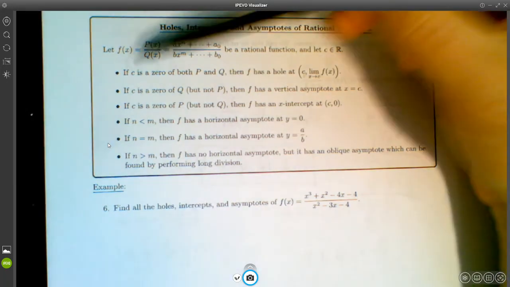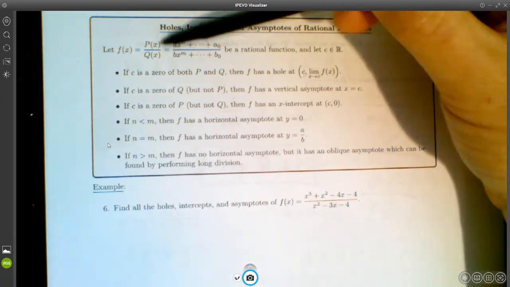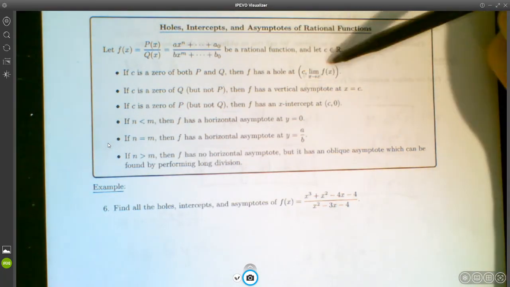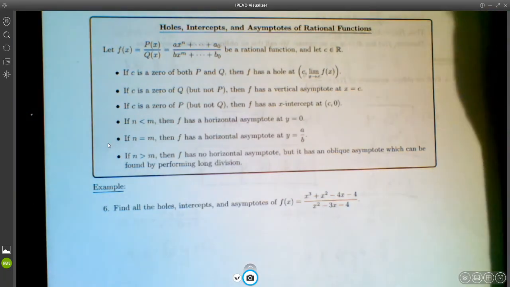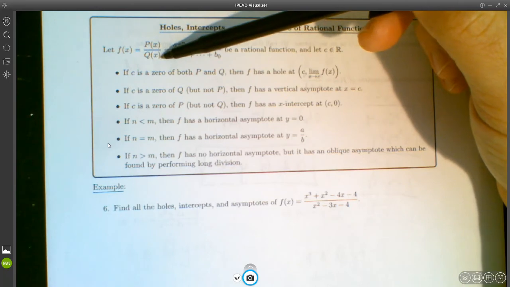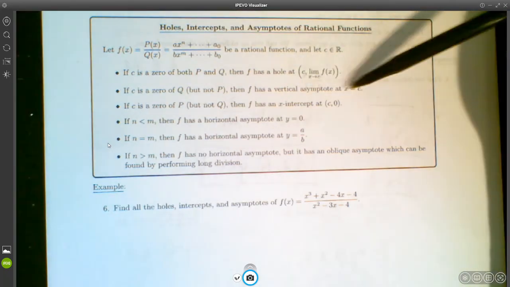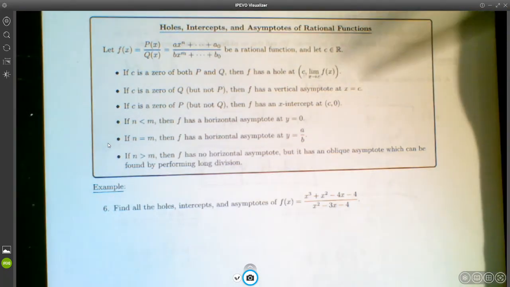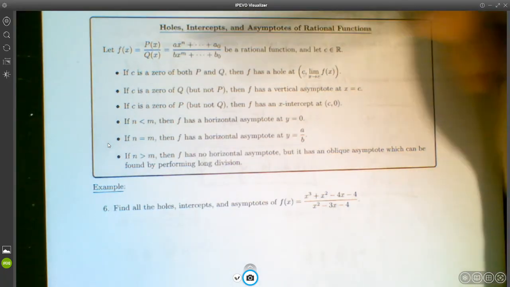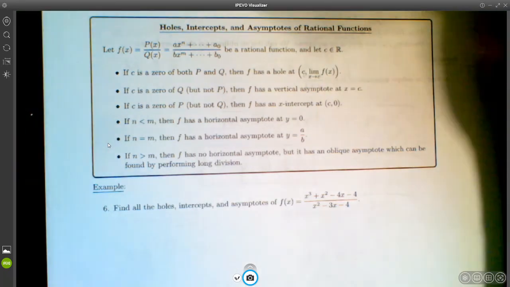Okay, if c is a 0 of both p and q, then f has a hole at c, with y-value the limit as x approaches c of f. If c is a 0 of q, but not p, then f has a vertical asymptote at x equals c. If c is a 0 of p, but not q, then f has an x-intercept at c, 0.